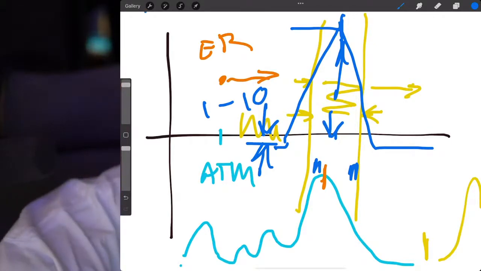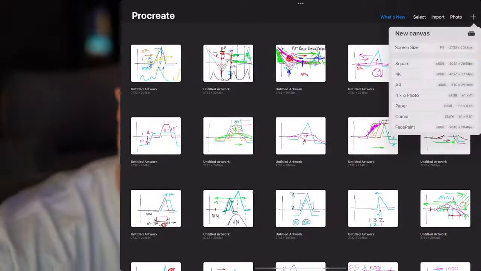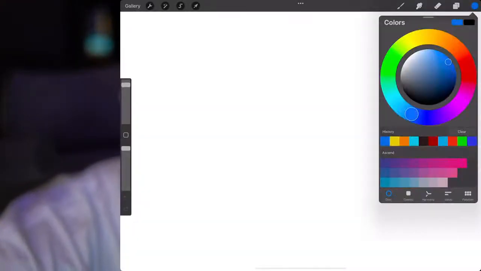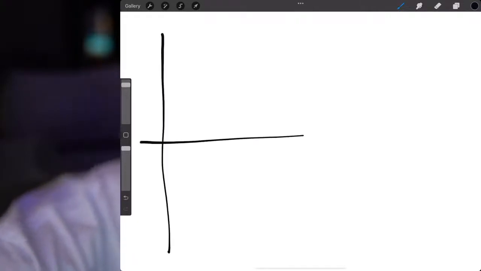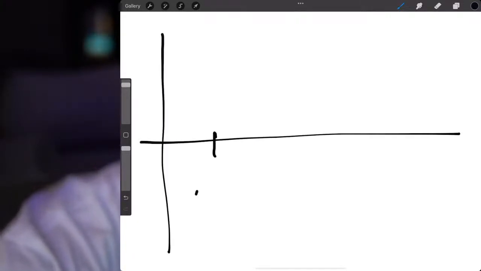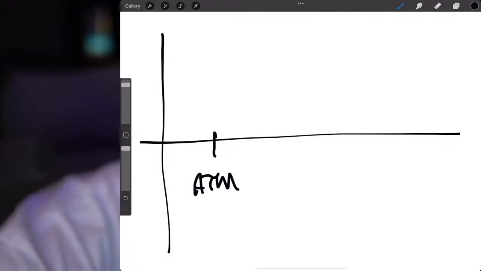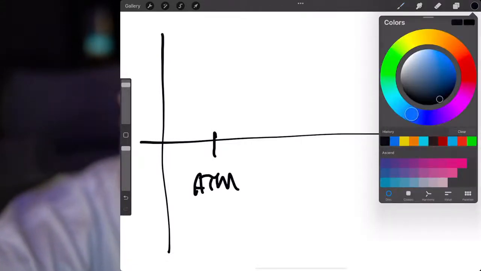So we'll go back and create another, cleaner version of this. So we're right here at the money. We'll put on the butterfly.